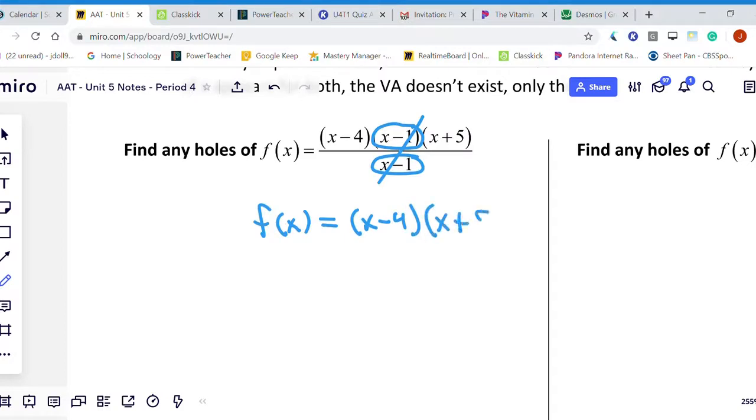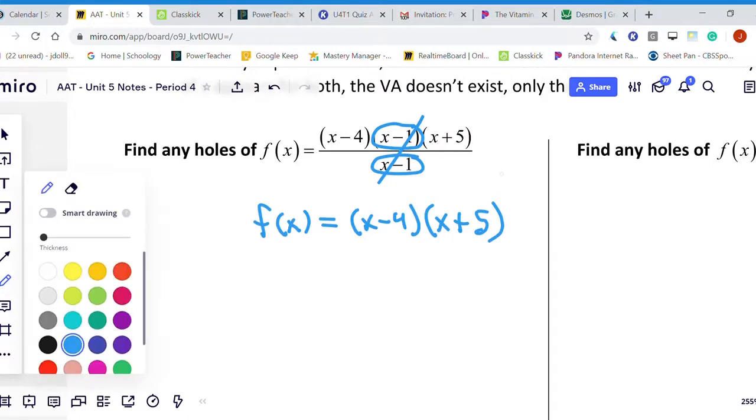If you look at this, you might be saying to yourself, well, that's not even a rational function anymore, and it doesn't look like it. But here's the catch. We can't just ignore the fact that when we started this function, there was a variable in the denominator. Anytime you have this situation where a factor with a variable in the denominator cancels out, you are going to have a hole.